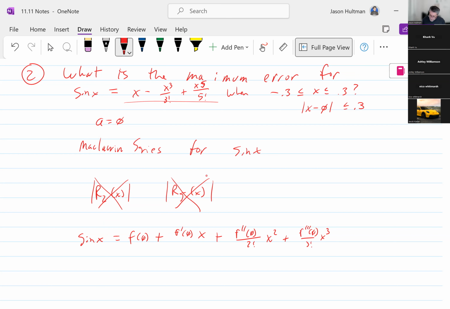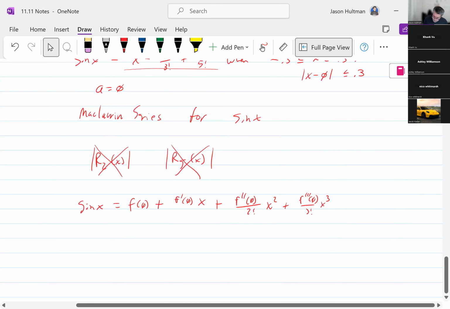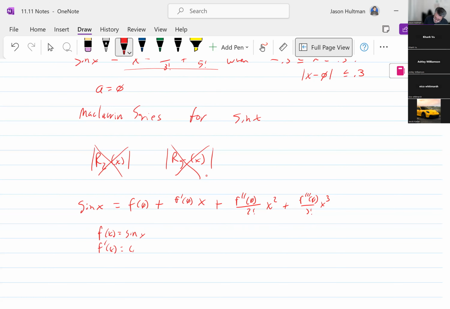So what's happening? Where did all the even terms go? Well, when I take my derivatives, remember, f of X equals sine X and f prime of X equals cosine X. F of 0 equals sine 0, which is 0, so this thing goes to 0.